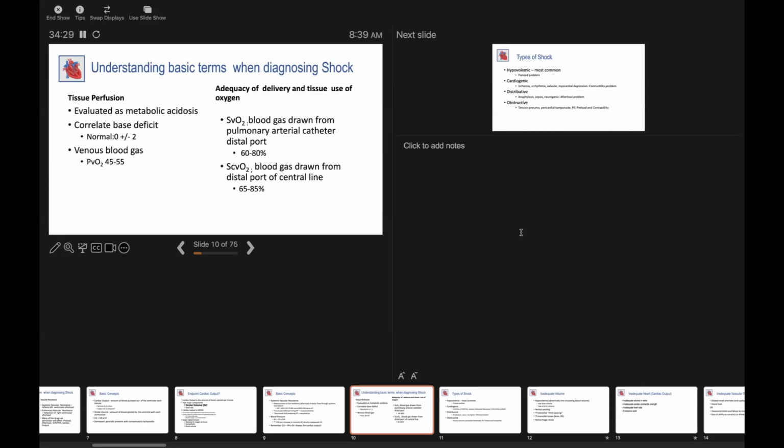Normal SVO2 measured from the pulmonary artery catheter distal tip, 60 to 80%. Normal SCVO2 measured from the brown lumen or the distal lumen of your central line, 65 to 85%. That means that's your reserve oxygen. So you went out at 100%, you return at 60%, your patient used 40% of the oxygen that was available.